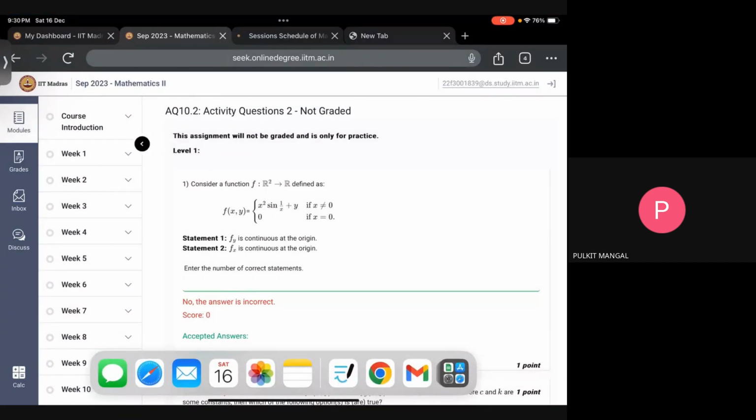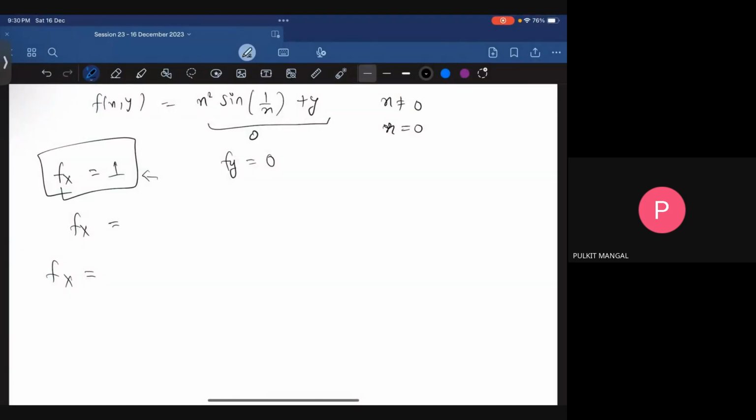For x squared sine of 1 by x when x is not equal to 0, the derivative is 2x sine of 1 by x plus x squared cos of 1 by x.